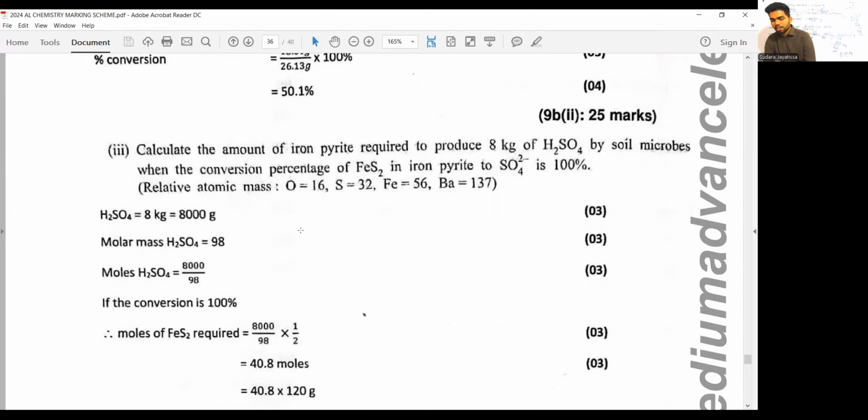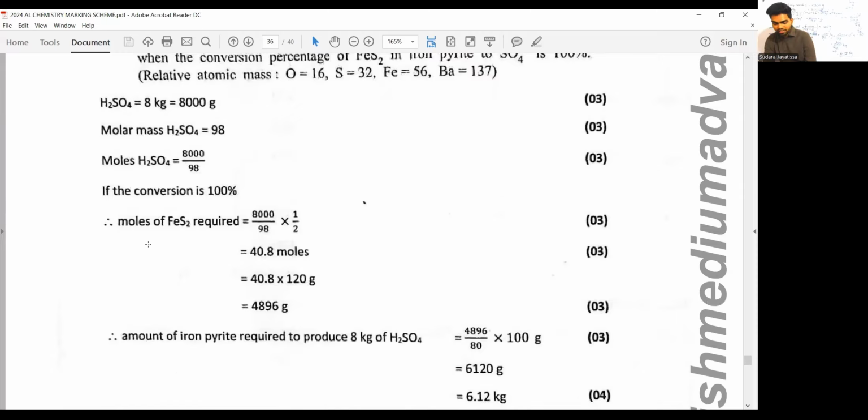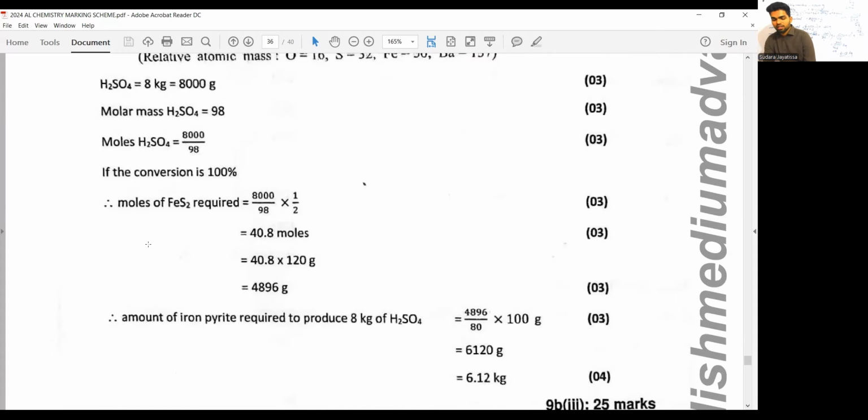So they ask how much of iron pyrite is needed to get 88 kilograms of sulfuric acid. First of all, find the moles of sulfuric, then show the number of moles of FeS2 required, then get the mass of FeS2.